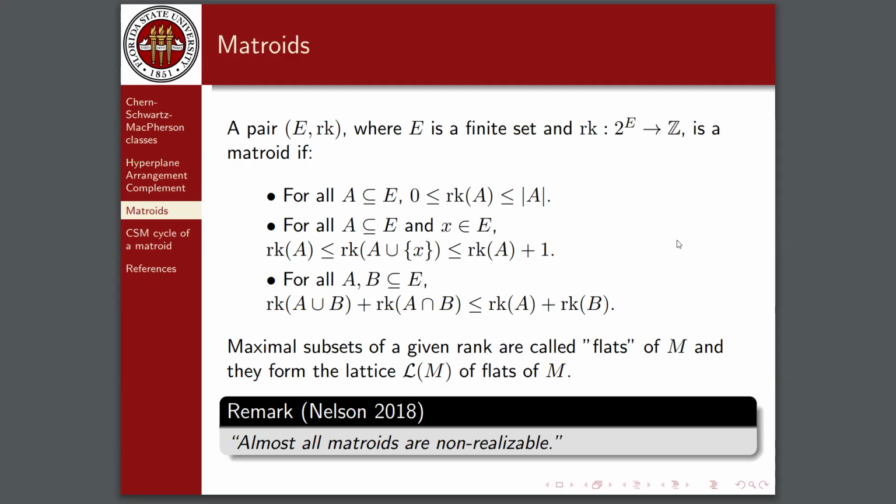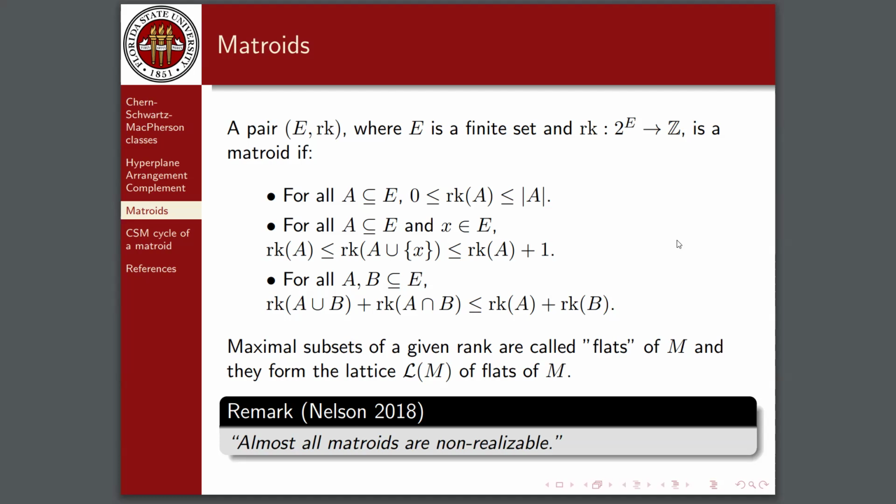However, the way in which we came up with our specific example of a matroid, aka we looked at hyperplane arrangements and we assigned the rank function to be the codimension of the intersections, almost all matroids do not arise in that way. It is impossible to find a hyperplane arrangement which gives you a specific choice of finite set and rank function for almost all matroids.